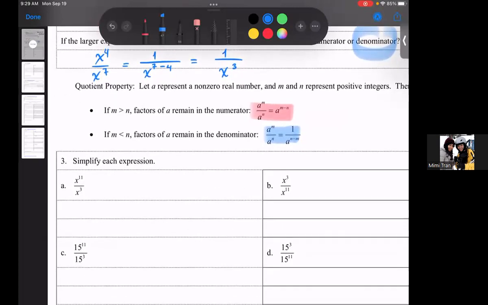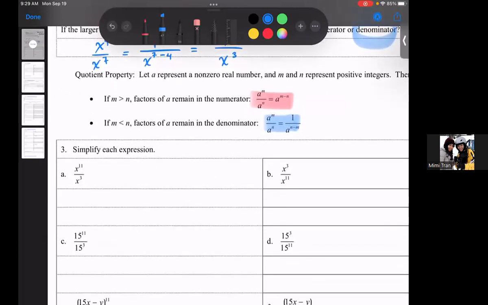Let's try some problems. Let's use x to the 11 divided by x cubed. Apply the red rule. So that'll be x to the 11 minus 3. Oh, by the way, when you write things, make sure you write it properly. I want you to write the 11 minus 3 on the top. Some people write it like this. You don't write this down.